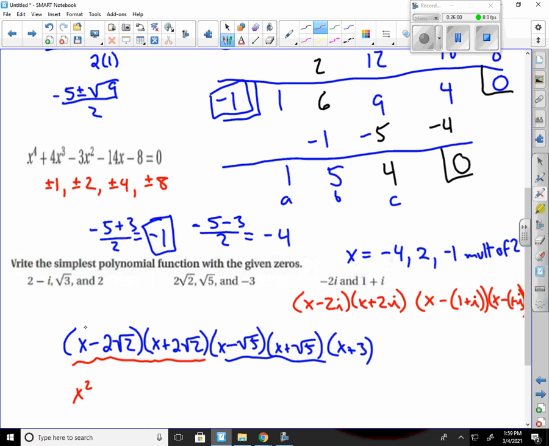And so if I'm doing these, I really only focus on the front, x times x, and then the backs. Now, it's negative 2 times 2, that's negative 4. And then you multiply what's under the roots, this 2 times this 2, and that's the square root of 4. Square root of 4 is just 2, so this is x squared minus 8. I did this 4 times the 2 that I would get there.